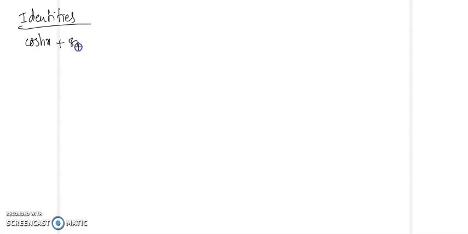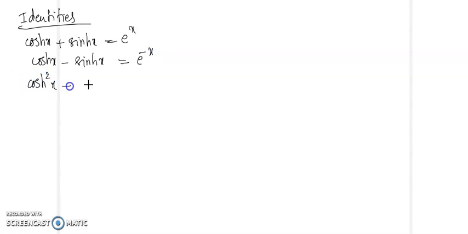When you take cosh x plus sinh x, that will be equal to e raised to x. Then cosh x minus sinh x will be equal to e raised to minus x. So the one you have seen, cosh square x minus sinh square x, will be equal to 1, and 1 minus tanh square x is equal to sech square x.